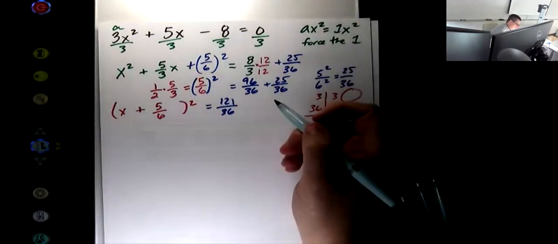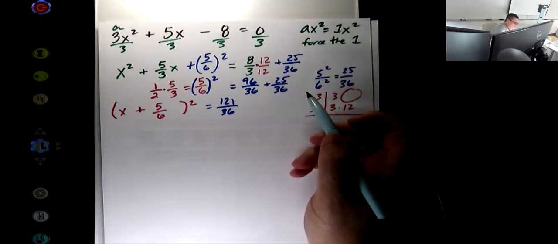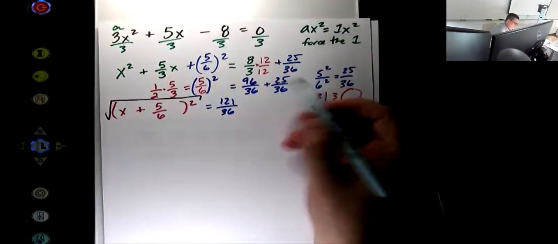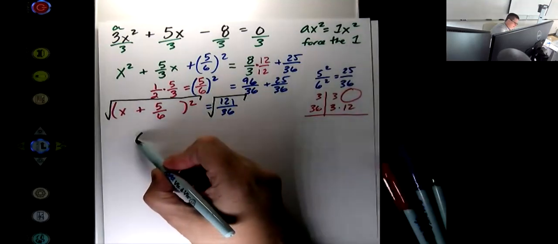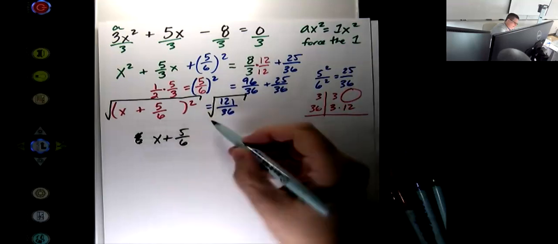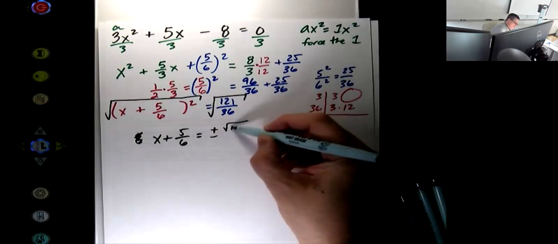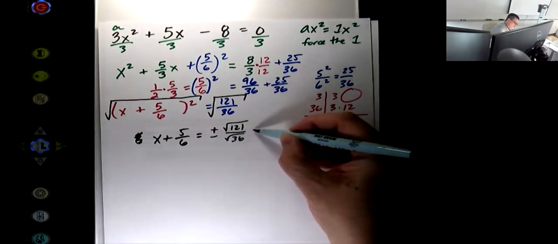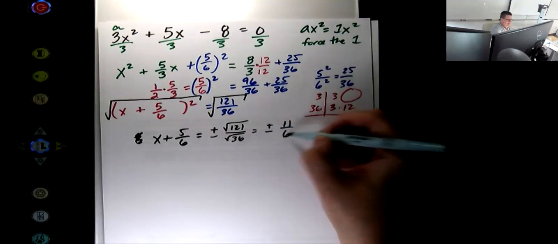Alright, so we got the square, what do we do with it? We root it, which means we're gonna root the other side. I need the parentheses, I keep trying to do the parentheses. This will be plus or minus the square root of 121 over the square root of 36, which is 11/6.